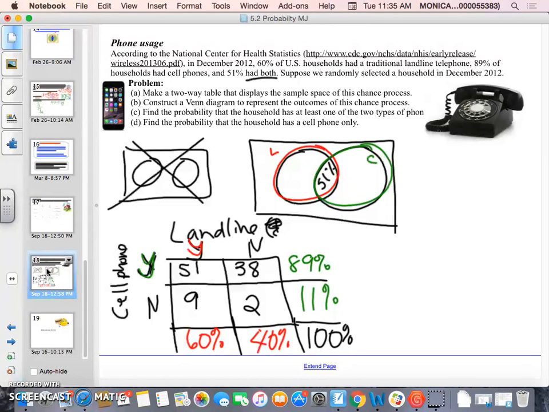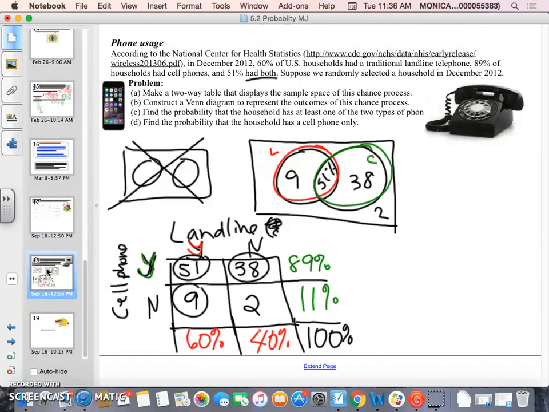Okay, and so these are the numbers we're looking at: 9, 51, and 38. And so 2 is going to be left on the outside. It's not going to be included. So then landline, not cell phone, is 9. Cell phone, not landline, is 38. That's where I fall. We don't have a landline anymore.